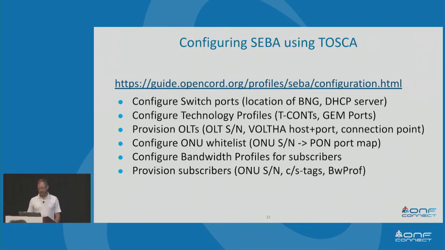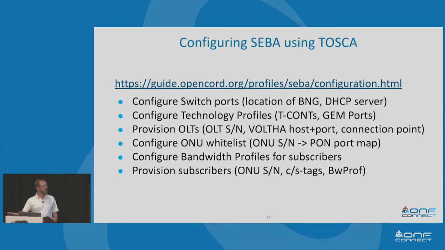This particular page talks about all of the things that you need to configure to run a hardware SEBA pod. You do things using TOSCA, like configure the ports on your aggregation switch, tell it which port has the BNG, which port has the DHCP server. You configure technology profiles for configuring TCONTs and GEM ports in the OLT and the ONU.